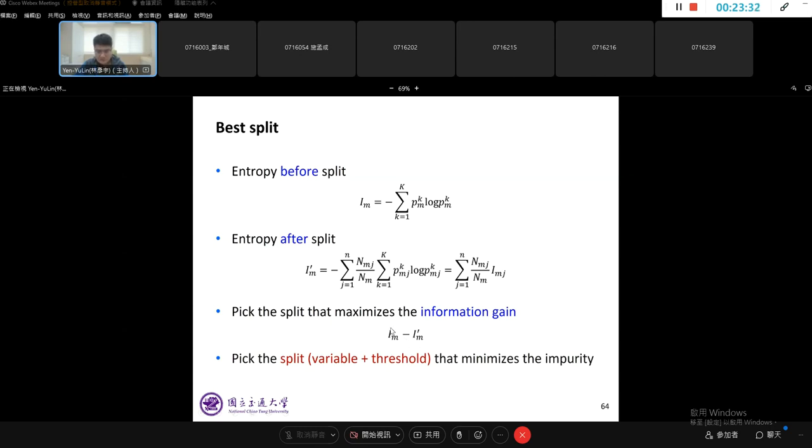So this is the entropy difference between before and after split. This term is called information gain. We would like to have a split that can minimize the entropy after split, or maximize the information gain.